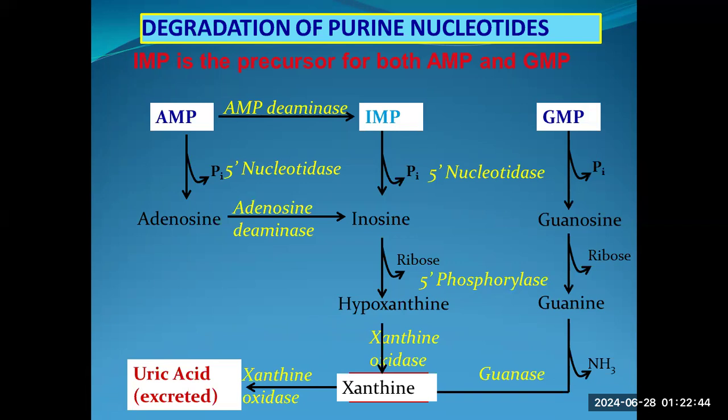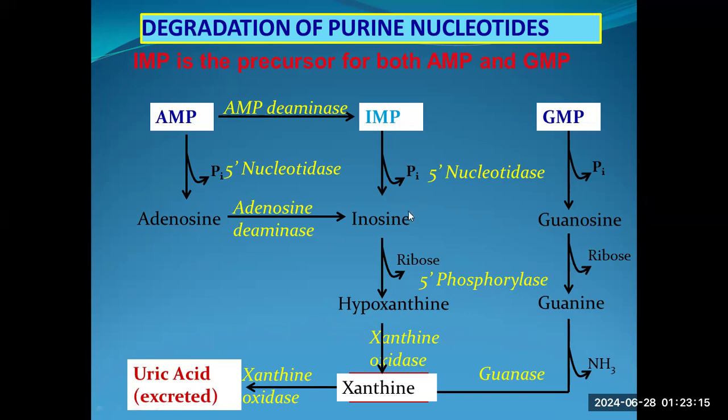Starting with the GMP, the 5' nucleotidase enzyme removes the phosphate from GMP, and we get the nucleoside guanosine. And then the enzyme purine nucleoside phosphorylase removes the ribose from the guanosine as well as from the inosine.